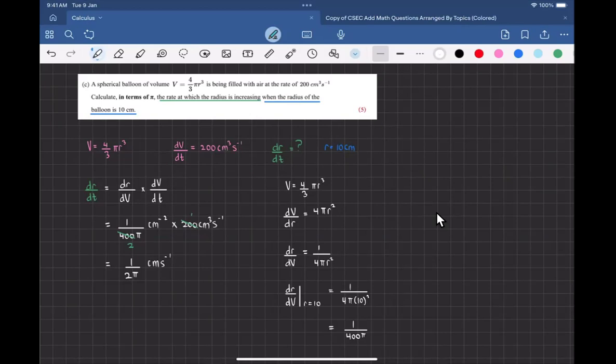The rate at which the volume is being changed, with respect to time. Yes. So they gave you dVdt. Continue. So they wanted you to find the rate at which the radius is increasing, in terms of pi.